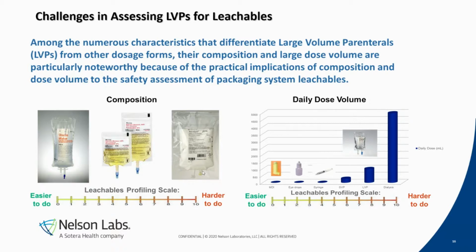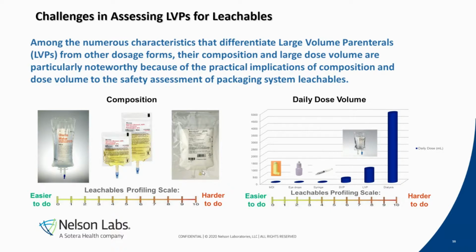There are chemically complex LVPs out there, like lipid emulsions and blood related substances, where it is extremely difficult to screen the drug product for unspecified leachables. So composition is one problem. Daily dose volume is the other problem. LVPs are large volumes.